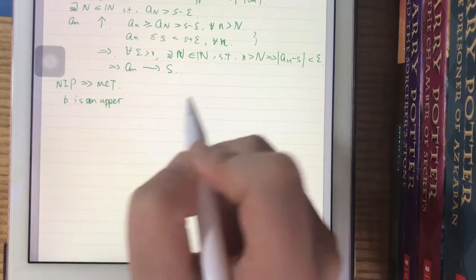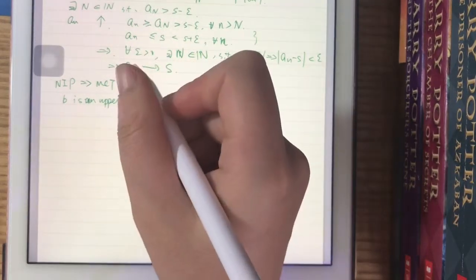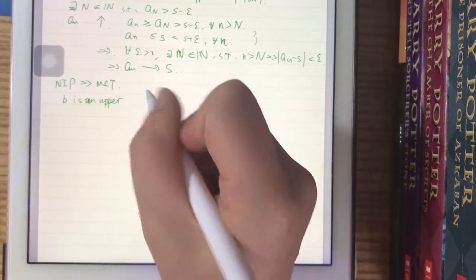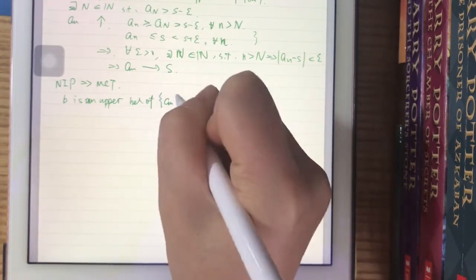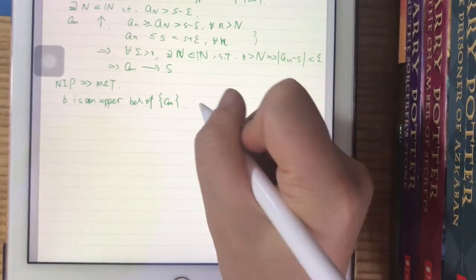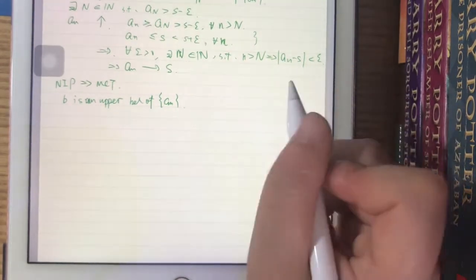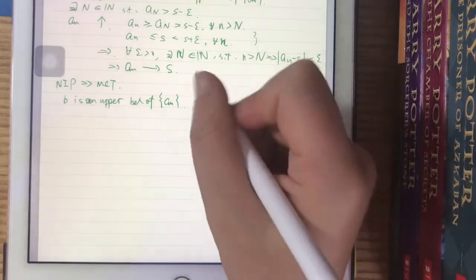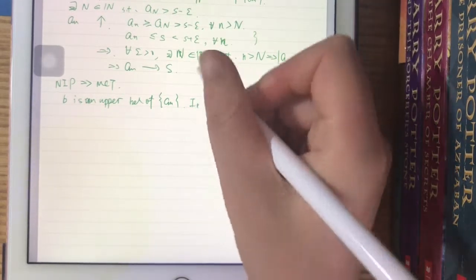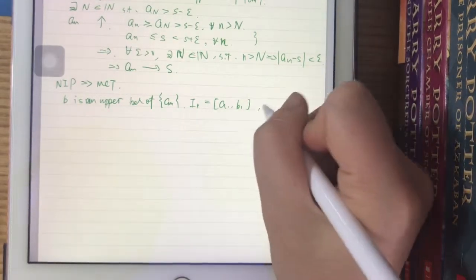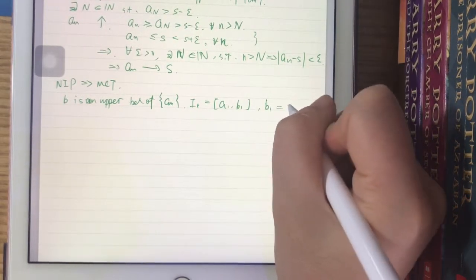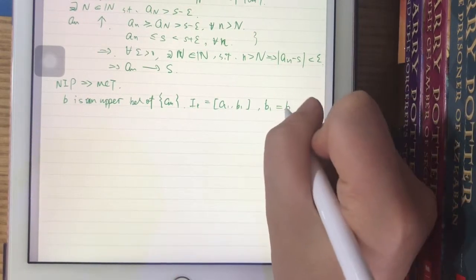It's pretty much a similar construction of the interval. And we start by considering the closed interval I_n. Let I_1 be A_1 to B_1, where B_1 is equal to B.